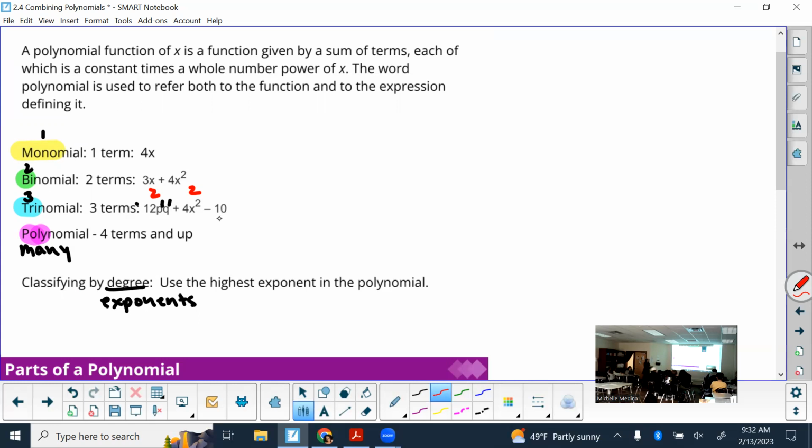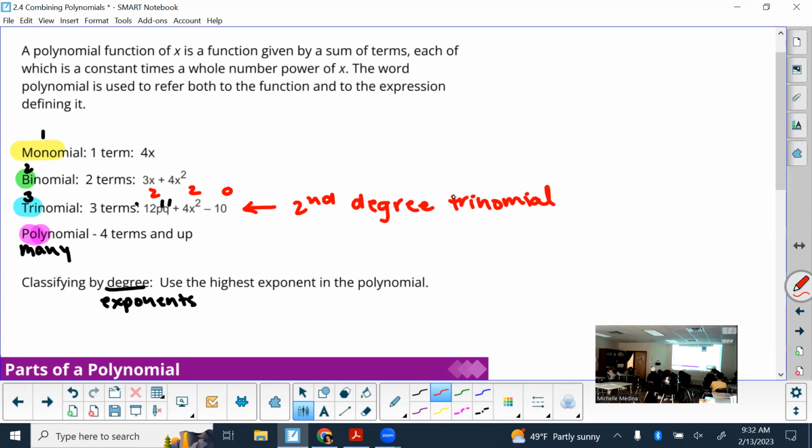So guess what that degree is going to be? 0, because it doesn't have a variable at all. The overall degree is going to be whatever the highest is. So for this trinomial, this is going to be known as a second degree trinomial, because it has 2 as the highest degree overall. So that is the overall polynomial.